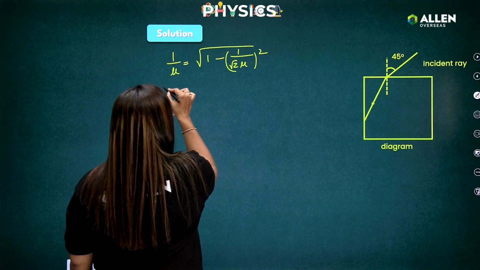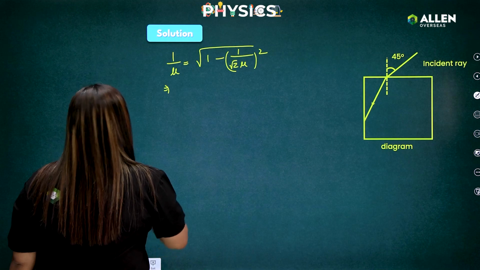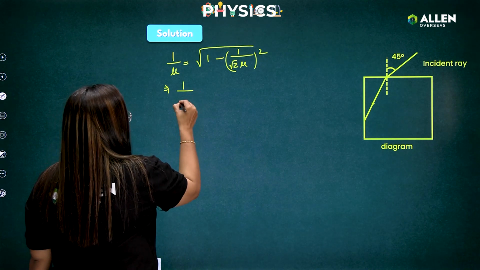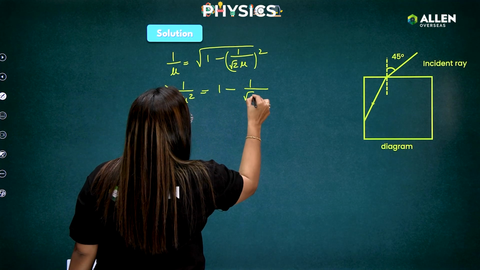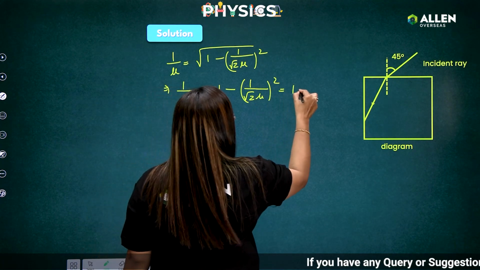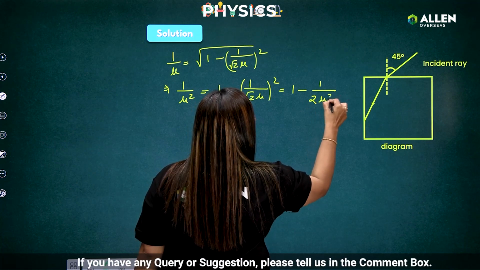I recommend all the students to square both the sides at this point only in order to avoid the complexity of the calculation. So we can write here 1 by mu square is equal to 1 minus 1 by root 2 mu whole square, which is again 1 minus 1 by 2 mu square.